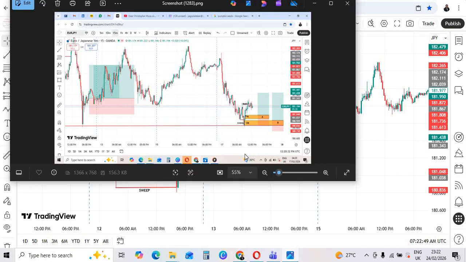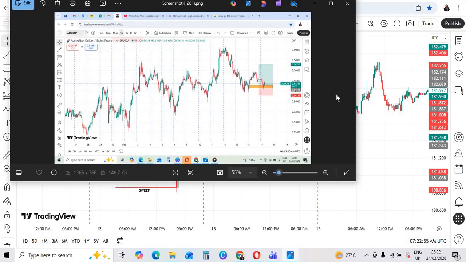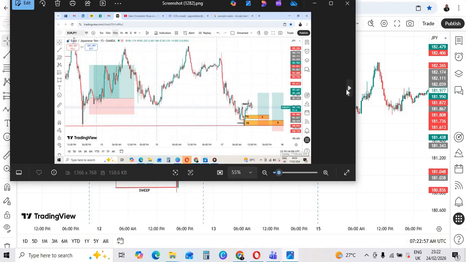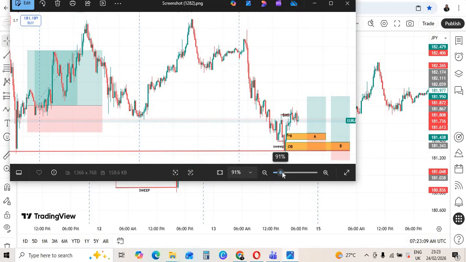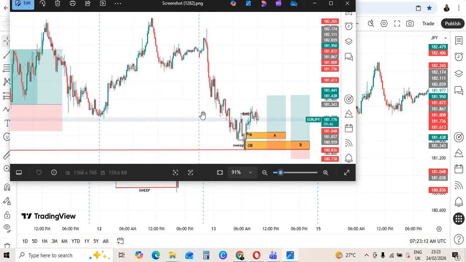Is it this one? Okay, yes. So this was the trade. This was the before. So I entered two positions, A and B.